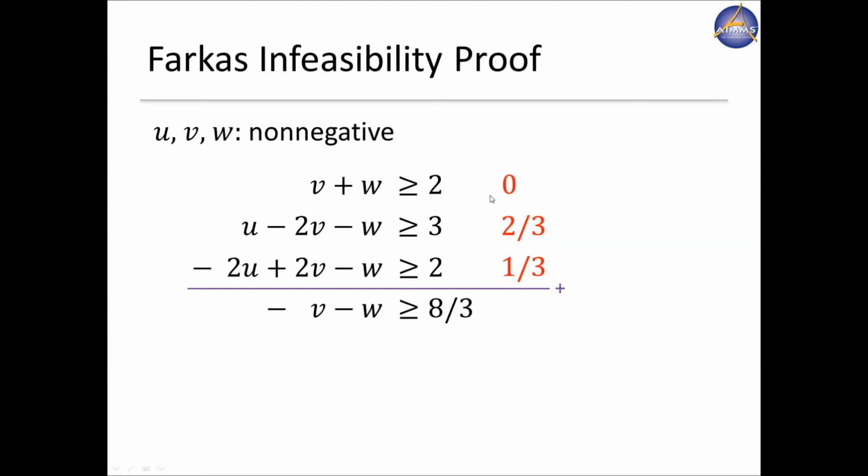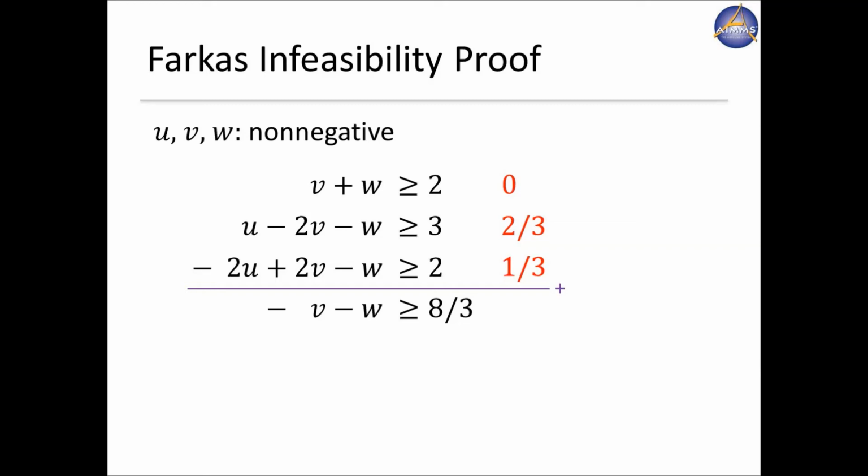If we then sum up these constraints, we get the following constraint: minus v minus w greater or equal to 8/3. So if this system is feasible, then any feasible solution to this system should also be feasible to that one. But clearly, because v and w are non-negative, this cannot hold because the left-hand side is at most 0. So this implies that the original system was infeasible.